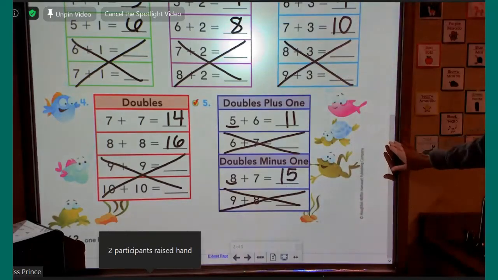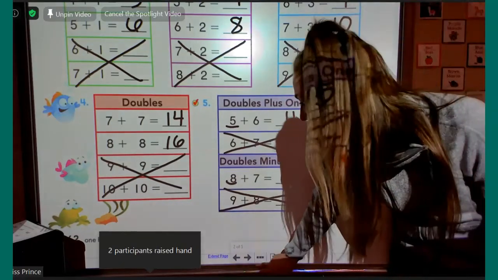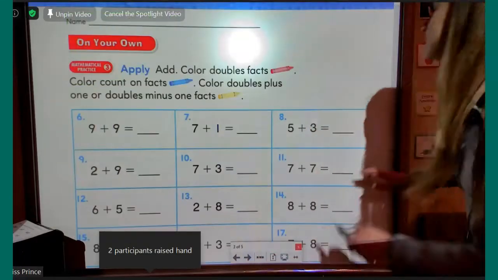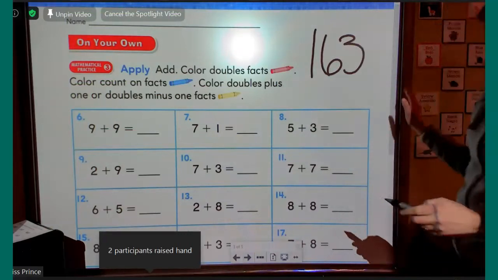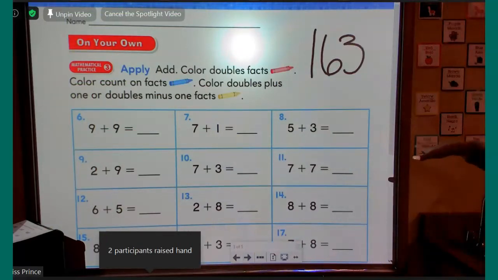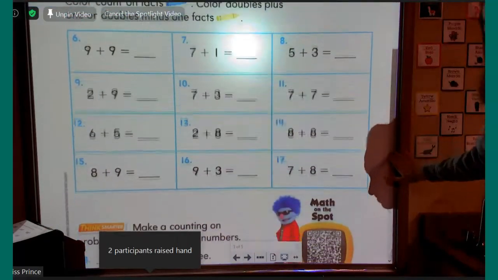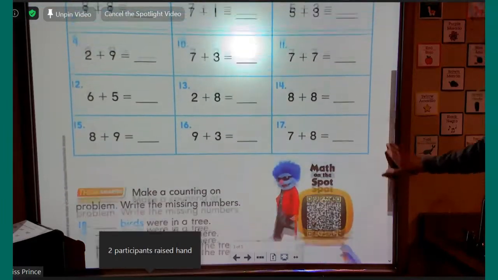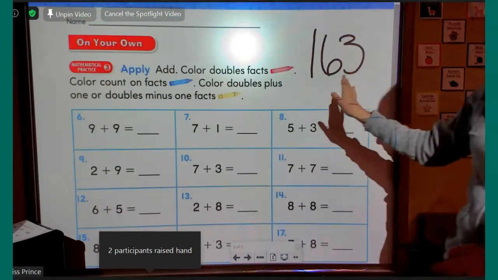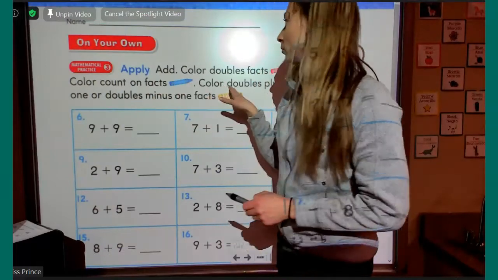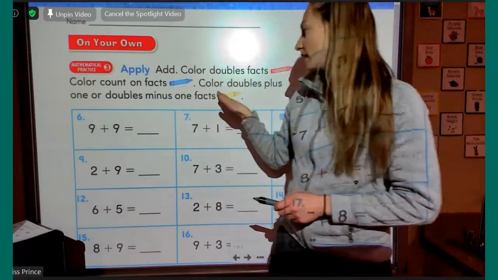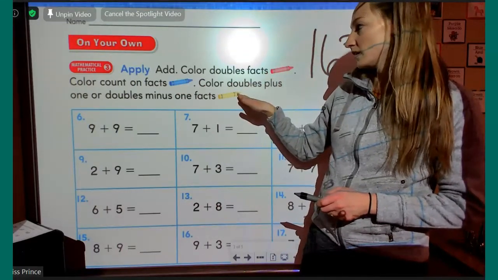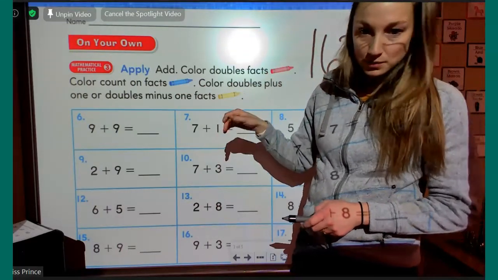All right, we are on the next page, which is 163. We are staying on track, and we are going to finish this on time, which is awesome. All right, this one wants us to color the doubles facts and the counting on and the doubles plus 1 or the doubles minus 1.